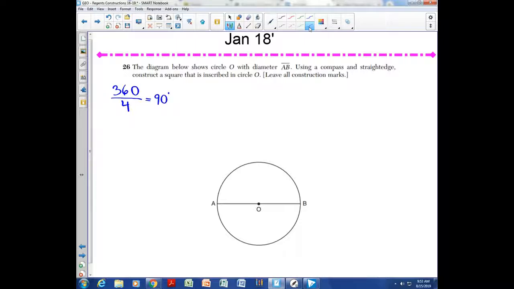So basically what we're going to be doing here is finding 2 other points on that circle. If AB is a diameter, the arc AB is 180 degrees. So once you have one diameter of a circle, all you really need to do to finish the construction part of inscribing a square is to create a perpendicular diameter to the one that's given.